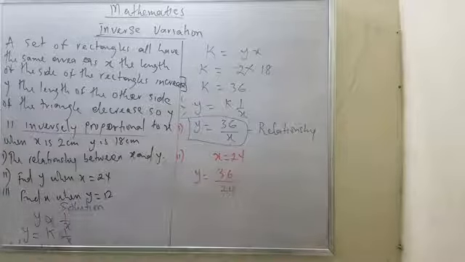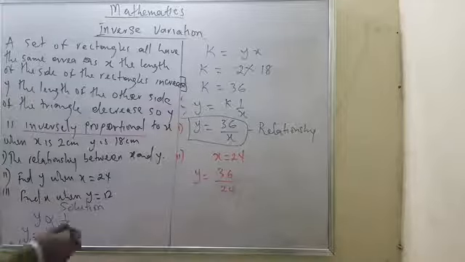Since I have that, it means my y will be 36 over 24, that is 3 over 2, which is 1.5.